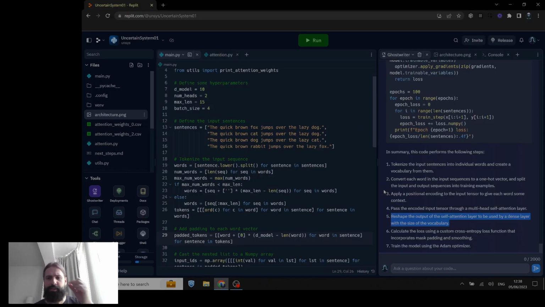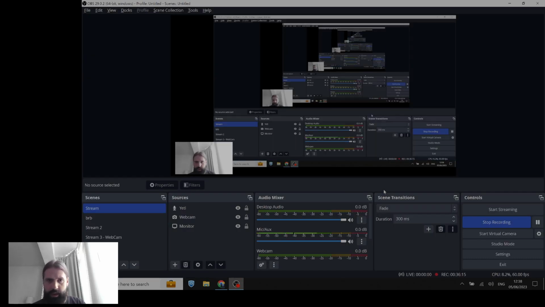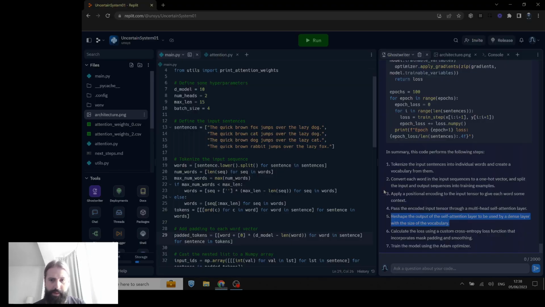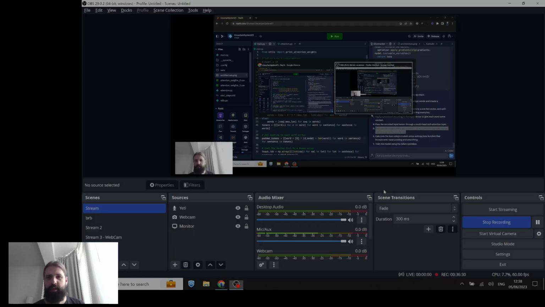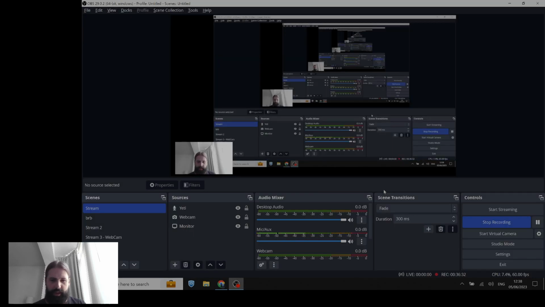So it seems like it's reshaped. Reshape the output of the self-attention. So what I was saying is, is it possible that what we're then doing is we're mapping an attention tensor to an output? You know what I mean? I never thought about these like that.